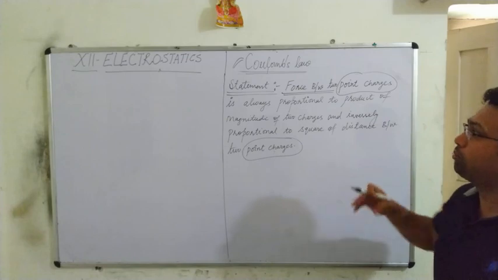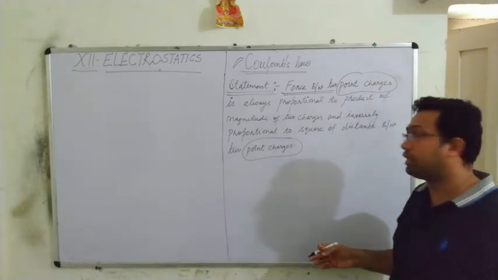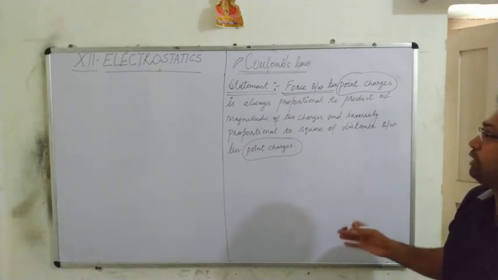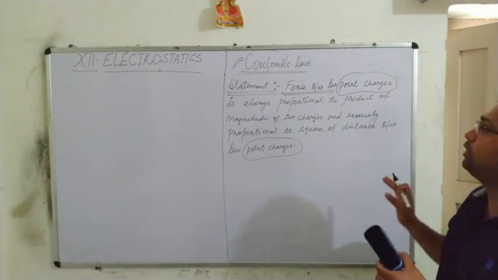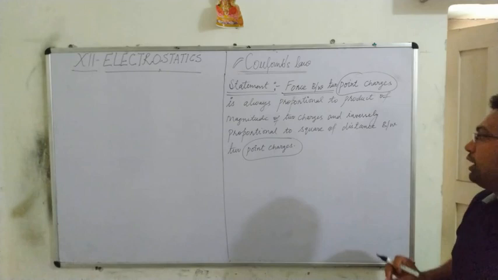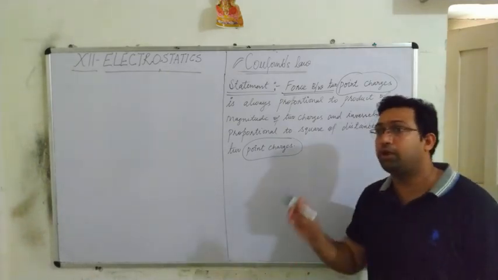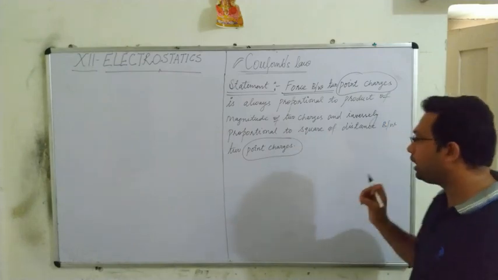In case of broad charges, in case of broad size of charged body, we cannot apply Coulomb's law. तो Coulomb's law के लिए charged body का size कैसा होना चाहिए? Narrow and point.